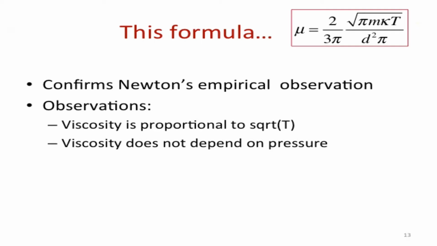So this formula confirms Newton's empirical observation. It also tells me that in terms of temperature, which is what I was wondering at the very beginning, viscosity is proportional to the square root of T. That means that as temperature increases, my viscosity increases, and that is the observation that we have from experiments for gases.